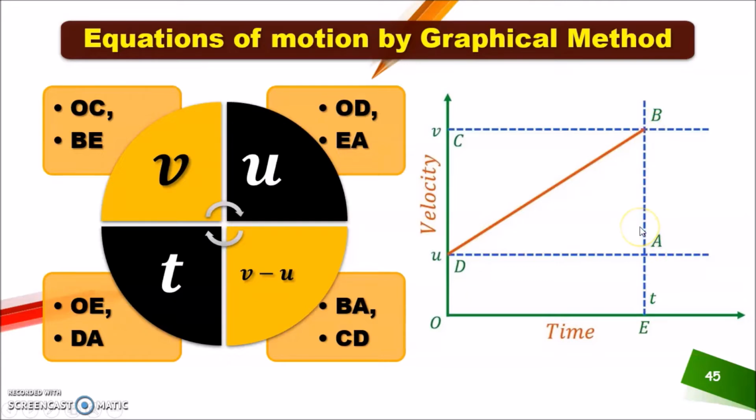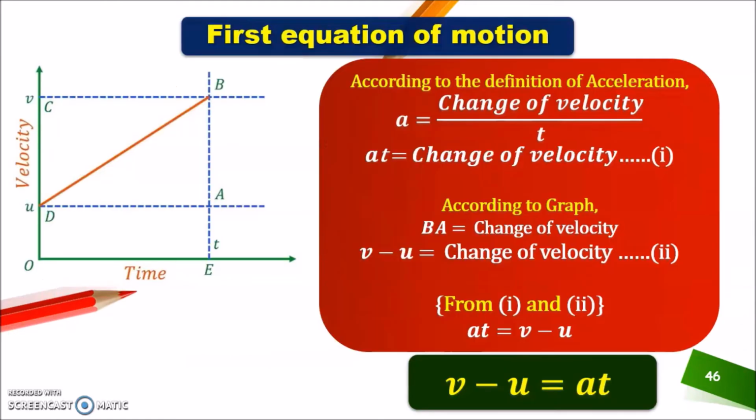Is it clear, students? Now moving ahead to derive the first equation of motion. According to the definition of acceleration, as we know that acceleration is equal to change of velocity per unit time. So if this t goes here, it will be at equal to change of velocity.